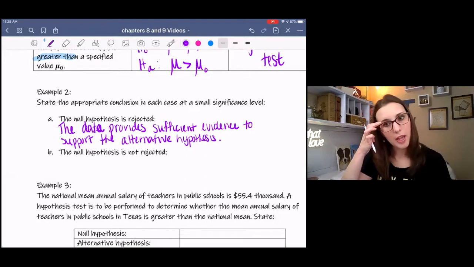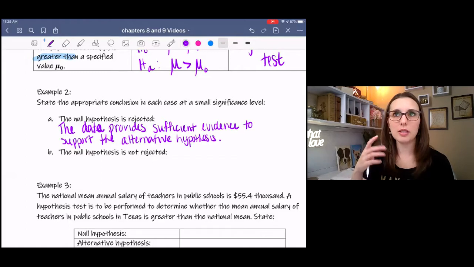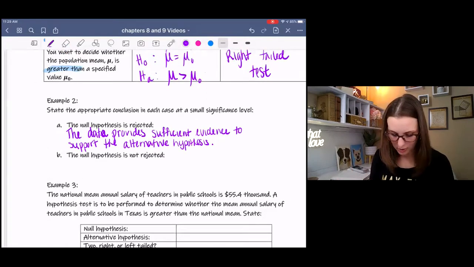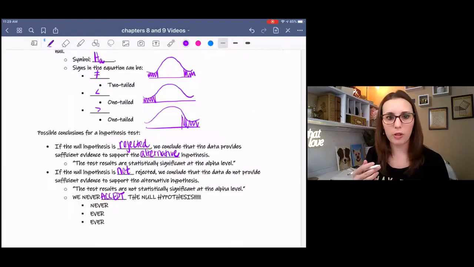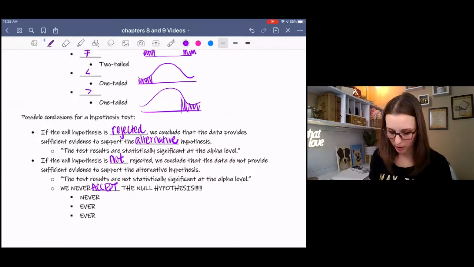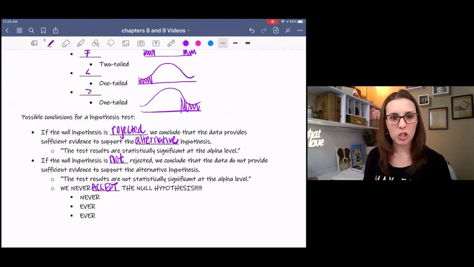You could also say the test results are statistically significant at whatever the alpha level is. So I'm pulling this wording from here, what we would say in each case.